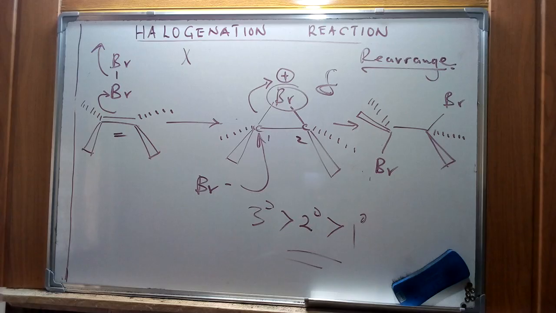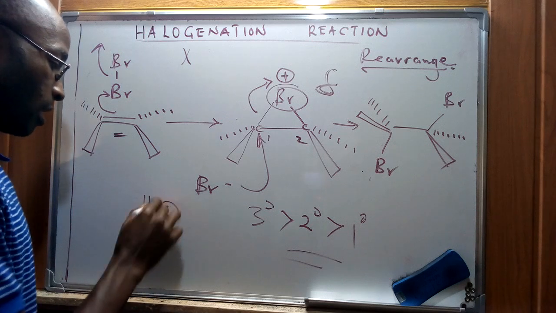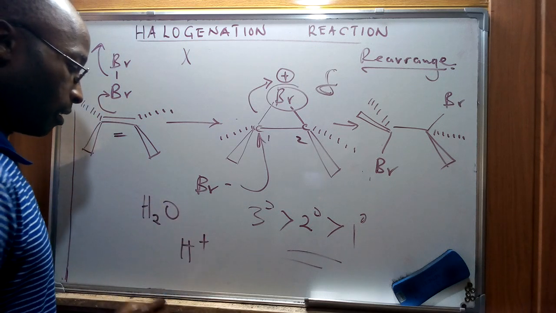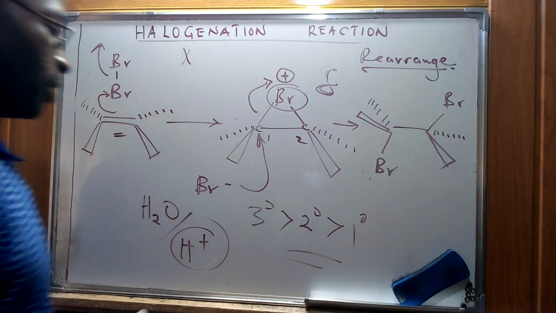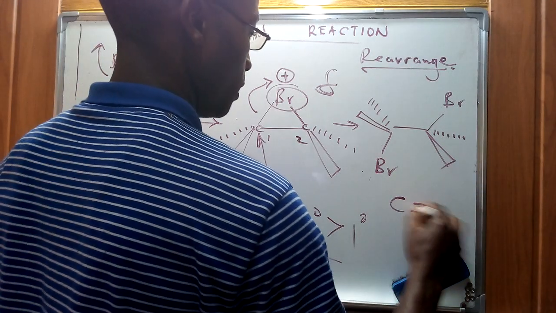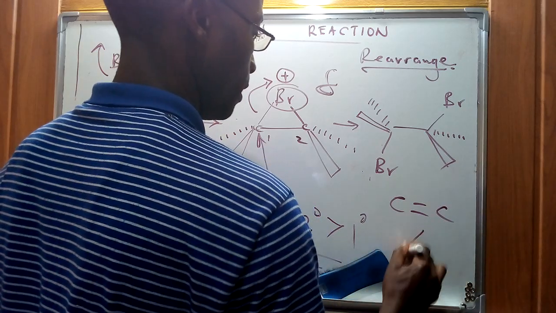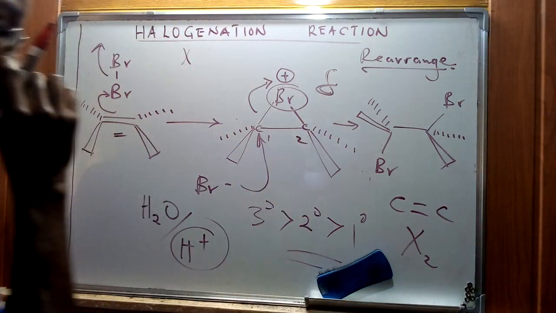So we're going to have a continuation of these reactions, whereby, apart from having looked at the concept of hydration, which we said takes place under strong acidic conditions, we have also looked at the concept of halogenation, whereby we say that the double bond is going to react with the halogen molecules in order to form products.